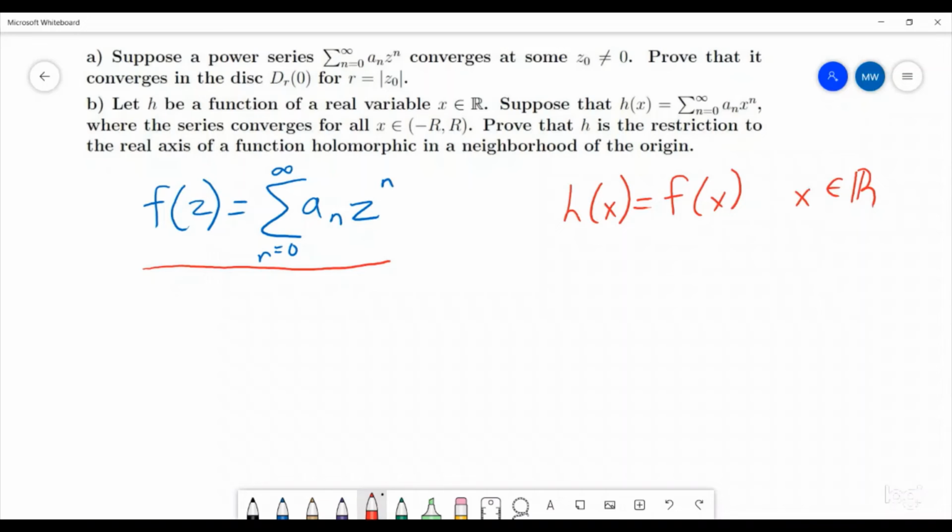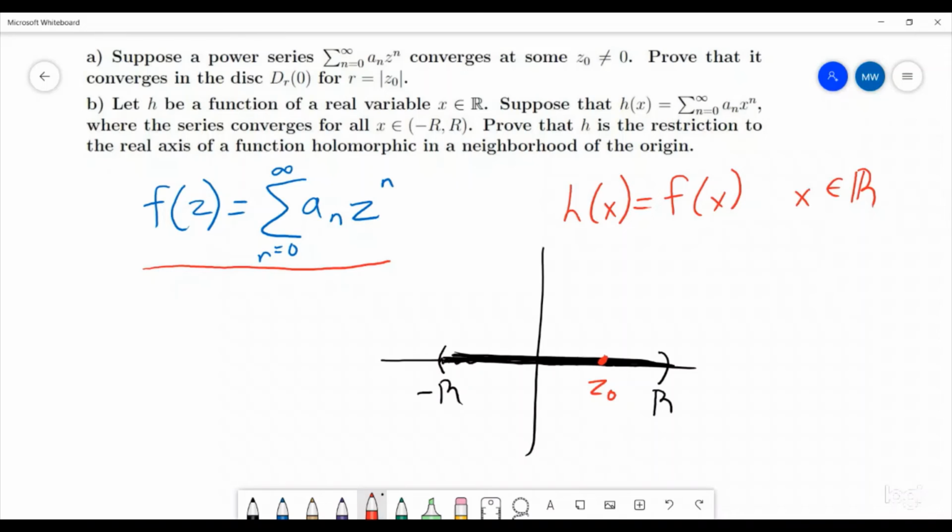Well, what does part A say? Part A says that if we know it converges at some z0, then it's going to converge in a disk inside that region. If we look at our complex plane, it's converging on this region from negative r to r. So we just pick one of these values. Here's our point z0.